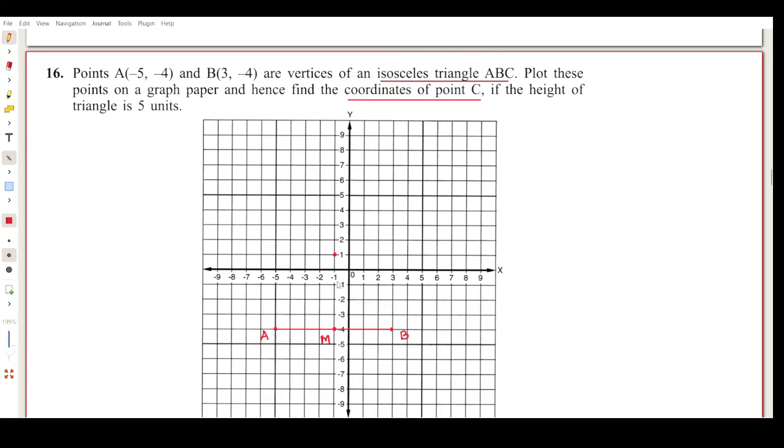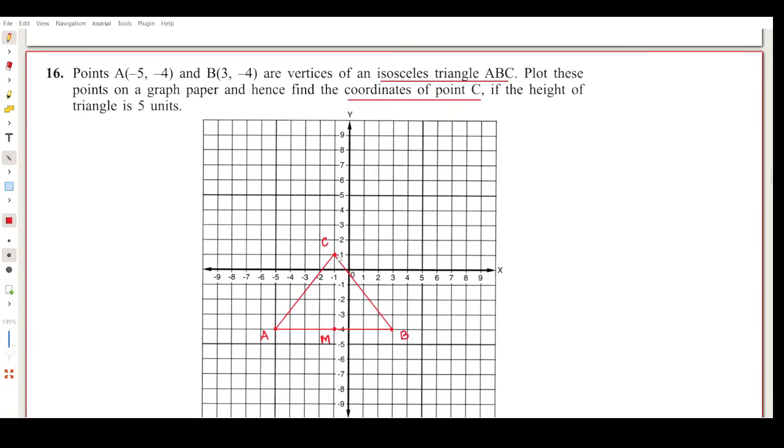So we can name this point C. See, now this is C. If you join this, you'll be getting an isosceles triangle.